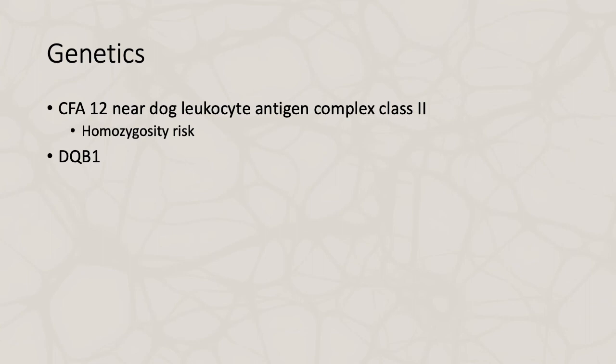Furthermore, it is possible to attain risk assessment for NME by sequencing only the DQB1 gene, which is now being used as a susceptibility haplotype when in the homozygous state. Such findings strongly support the role of the immune system in NME.